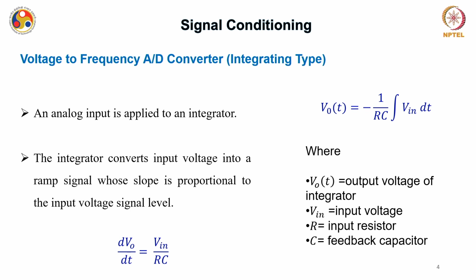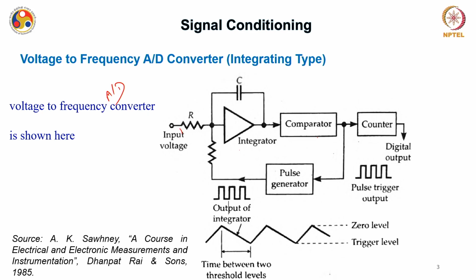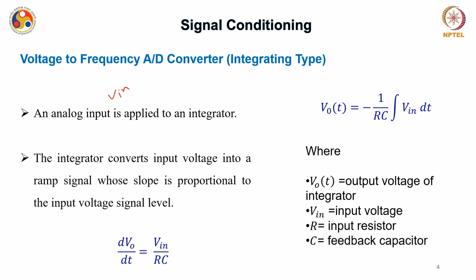An analog input, say V in, is applied to the integrator. So you have the input voltage over here to the integrator. The integrator converts the input voltage into a ramp signal whose slope is proportional to the input voltage level.